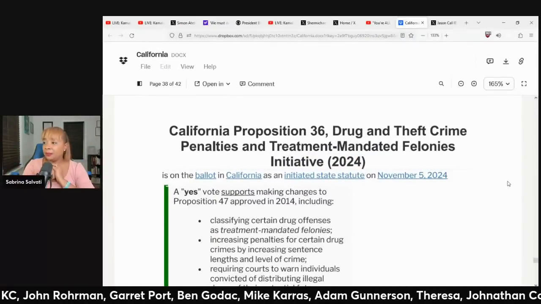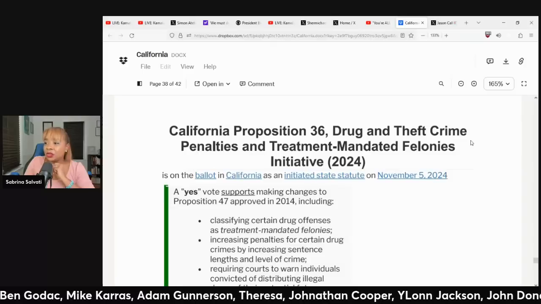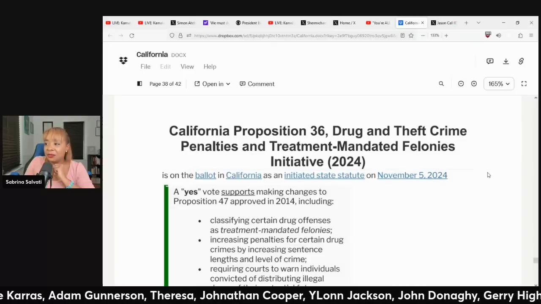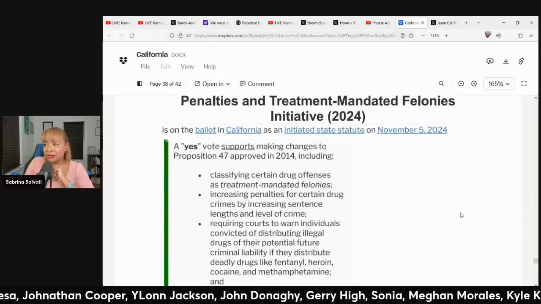Peep this one, fam. Proposition 36, Drug and Theft Crime Penalties and Treatment Mandated Felonies Initiative. Hold on to your seat for this one.